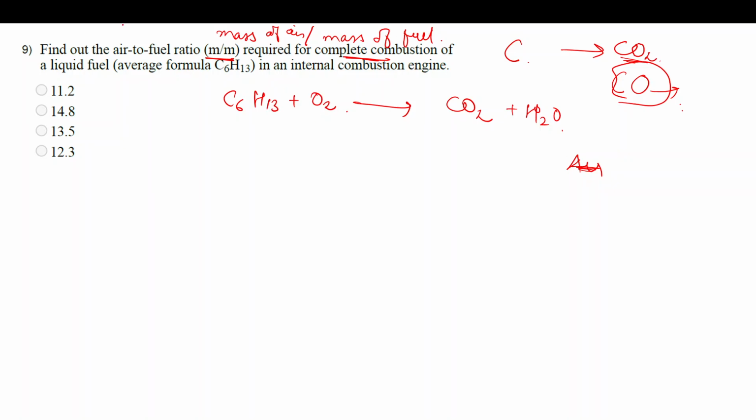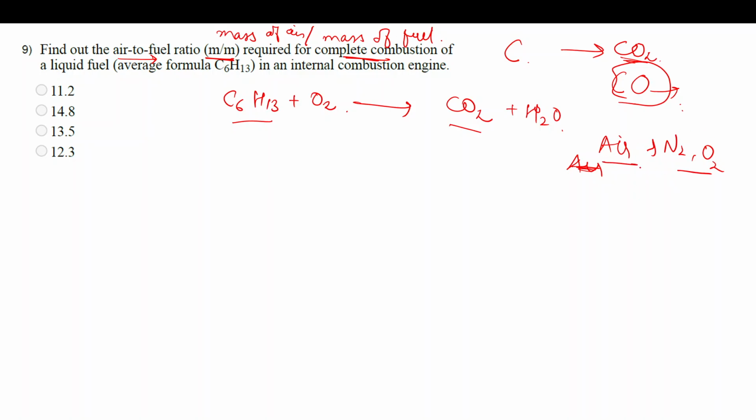Our aim is to find the air to fuel ratio. We are combusting this fuel to carbon dioxide by supplying oxygen through air, and air has nitrogen and oxygen both, and other inerts and some other chemicals, but majorly these two components.